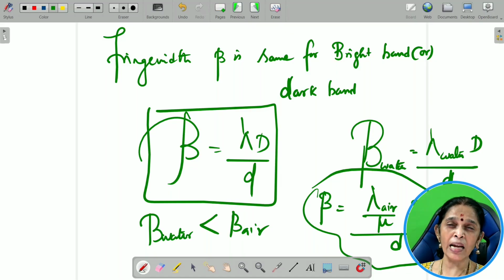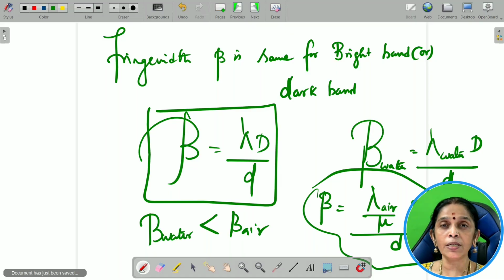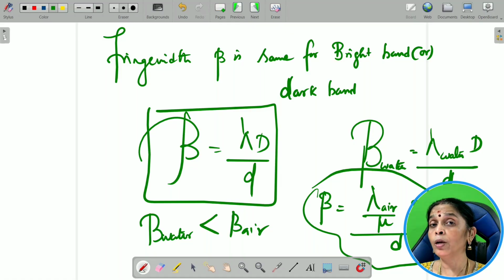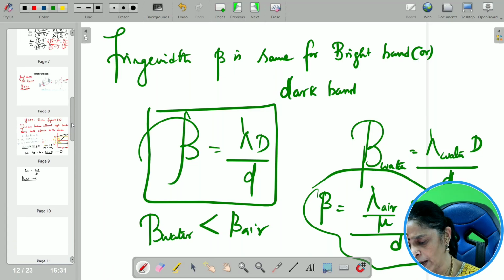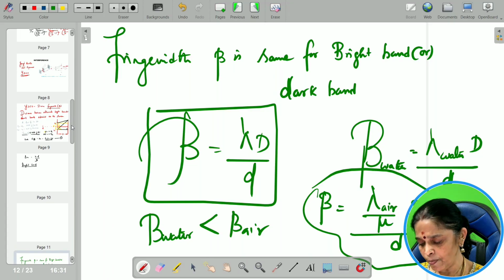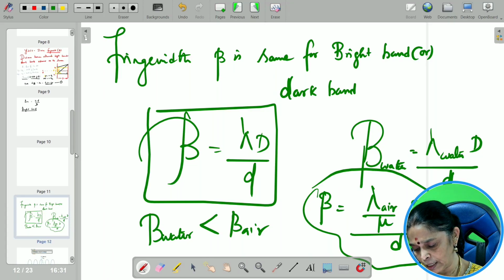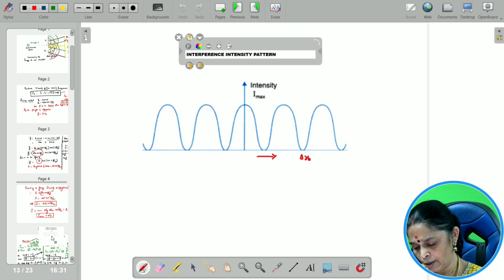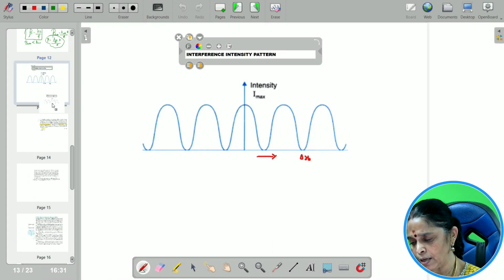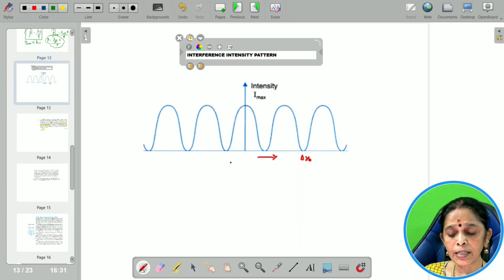Till this you learn, and we'll continue with the rest of the questions as well as numericals based on fringe width. I wanted you to know about the intensity pattern, because I've told you the fringe width is the same. So since the fringe width is the same, how does the intensity pattern look? This is the interference intensity pattern.